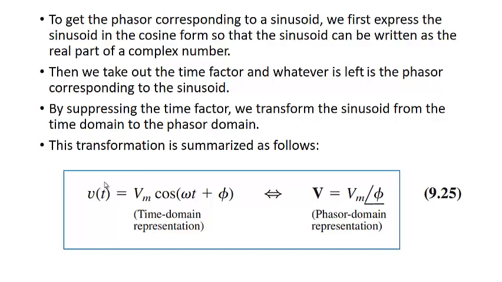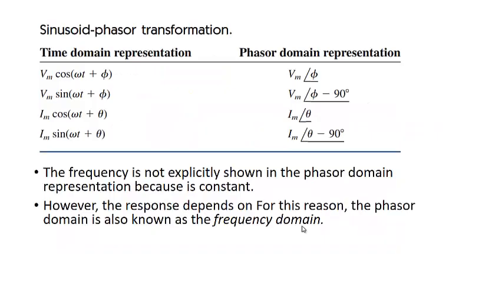The transformation is like this: Vm cos of omega t plus phi is the time domain representation, and when we change to the phasor domain representation, we write it in this form, that is V is equal to Vm angle of phi. So sinusoids with different representations can be shown like this: Vm cos of omega t plus phi will be Vm angle of phi.